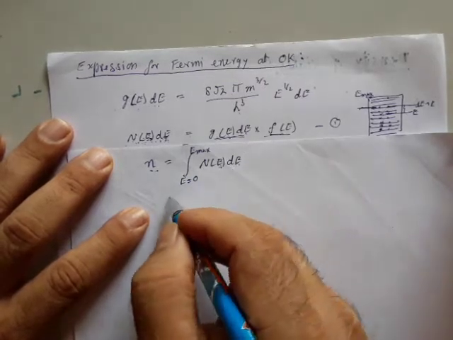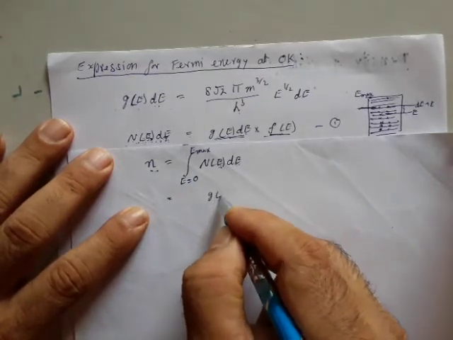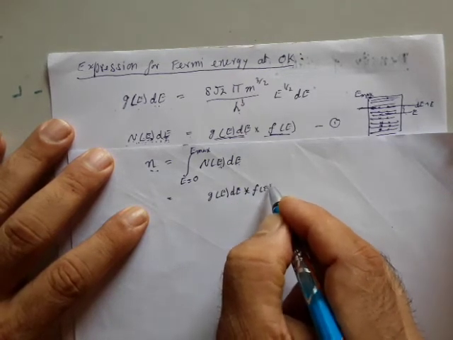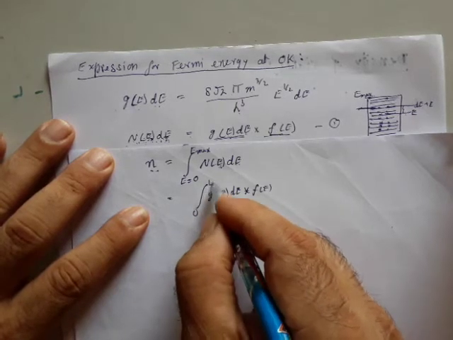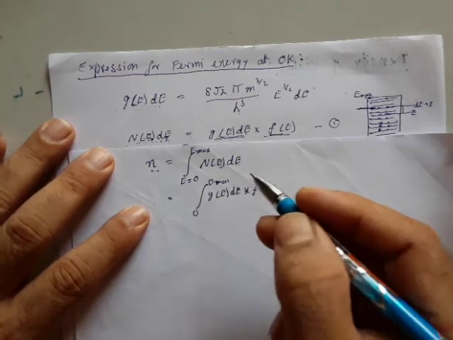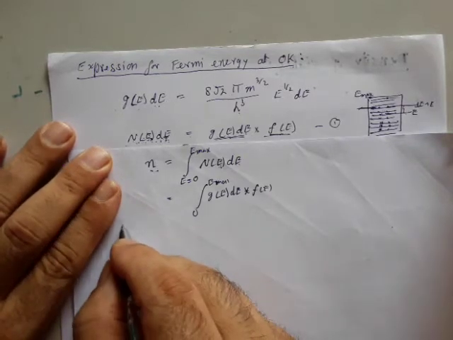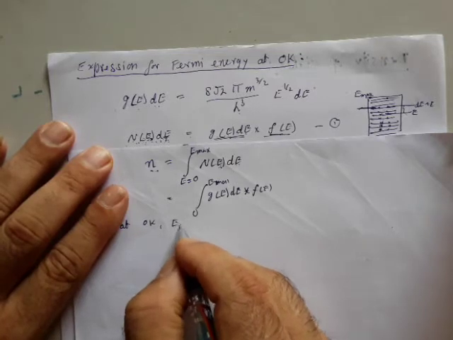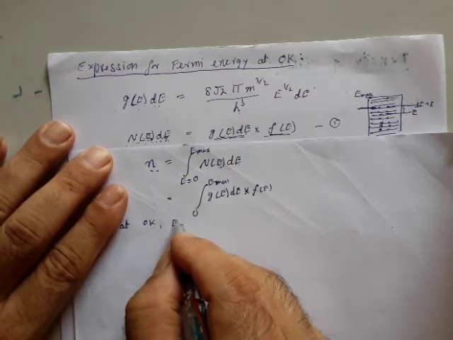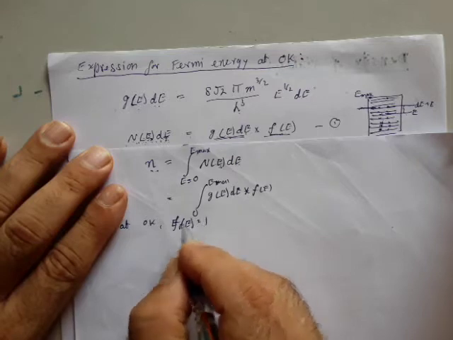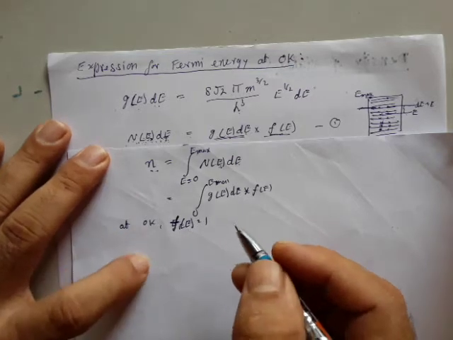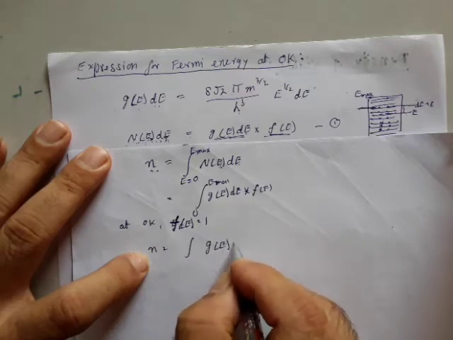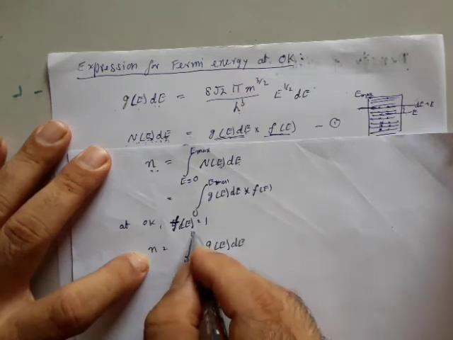But we are aware n of E dE is nothing but G of E dE into F of E, integrated from 0 to E maximum. But if you consider absolute 0 Kelvin, the probability is equal to 1. Therefore, I can say n depends only on the integral of G of E dE from 0 to E maximum.